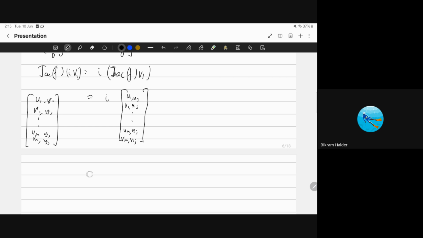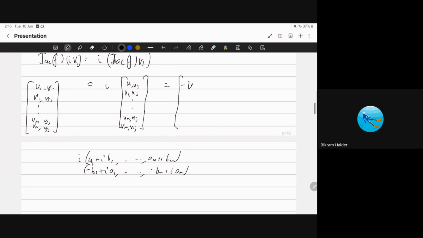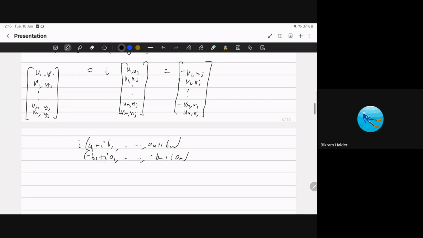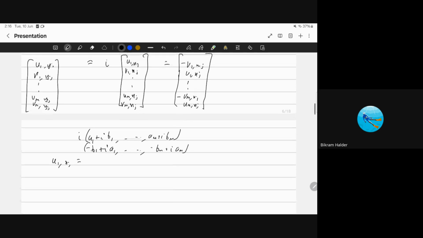Recall that if we have a1 plus i b1 till am plus i bm, and we are multiplying it by i, we get minus b1 plus i a1, up to minus bm plus i am, and then the corresponding vector in R2m will be equal to minus v1 xj, u1 xj, up to minus vm xj, um xj. So when we equate these two, what does it mean? That we have u1 xj is equal to, so we want to equate these two.